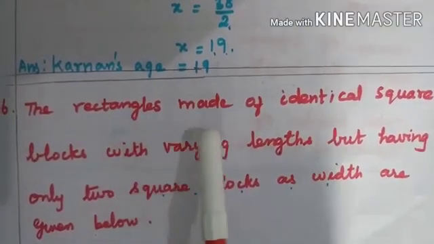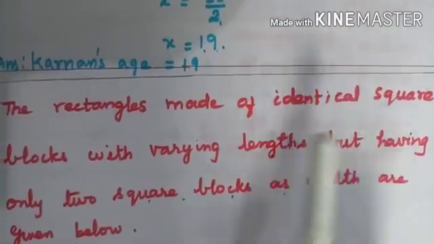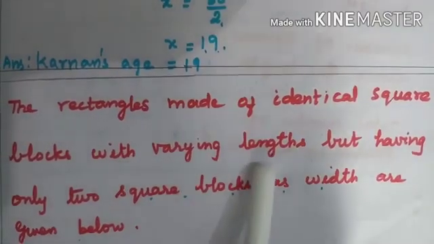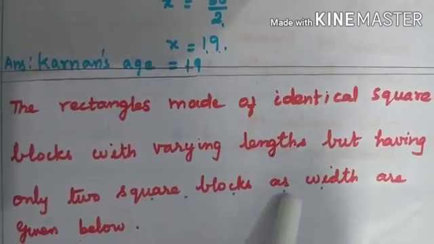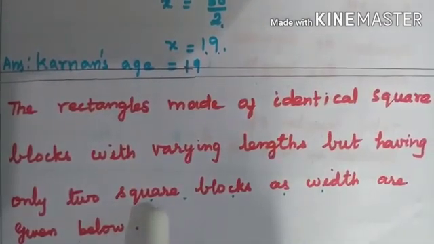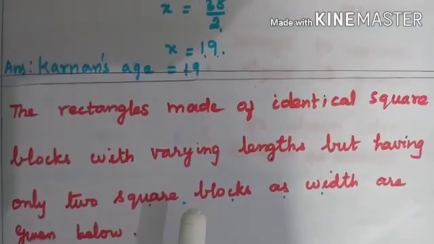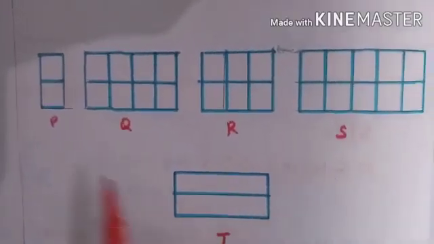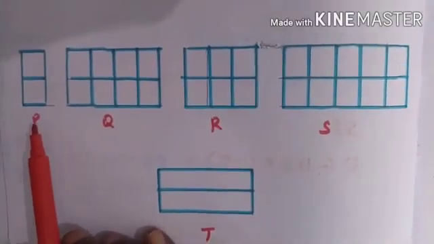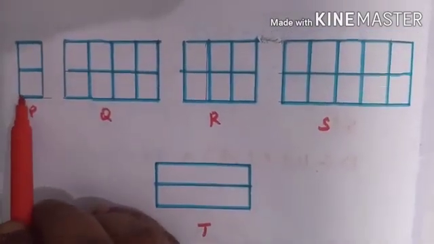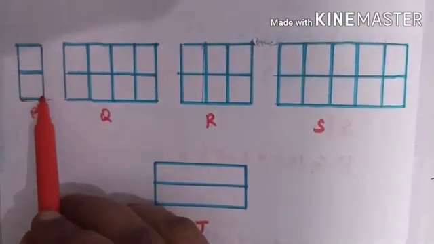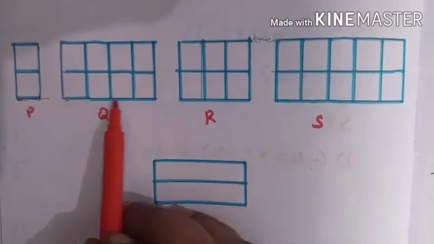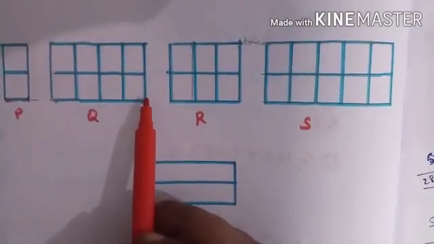The rectangles are made of identical square blocks with varying lengths, but having only two square blocks as width, as given below. Now we are going to see the diagram. The diagram is given: P, Q, R, S and T. This will be the length of the rectangle and this will be the breadth.